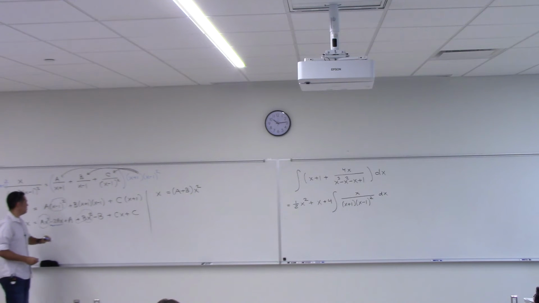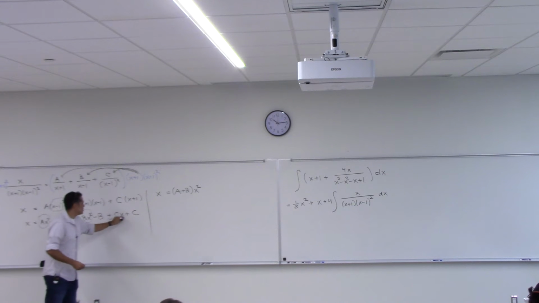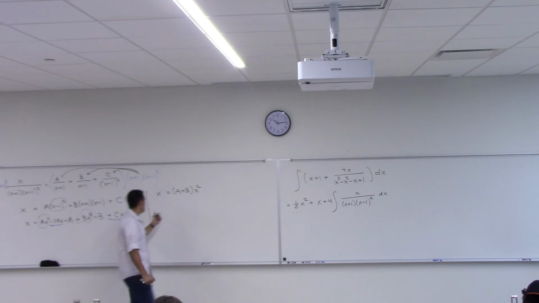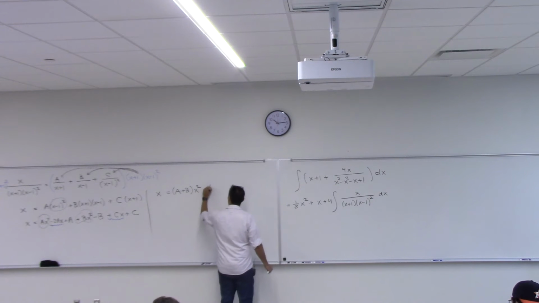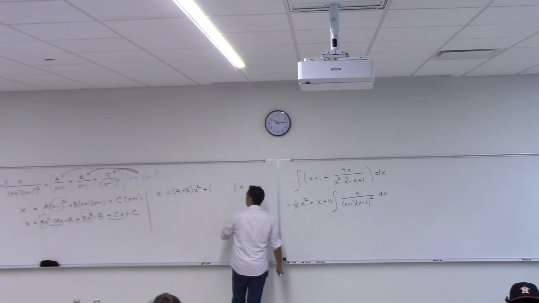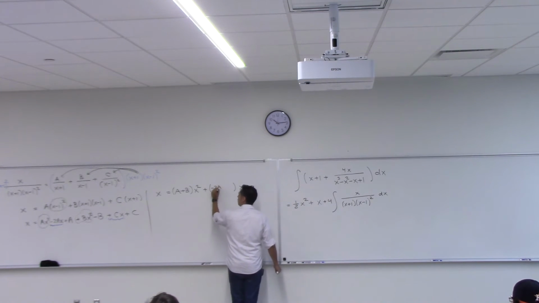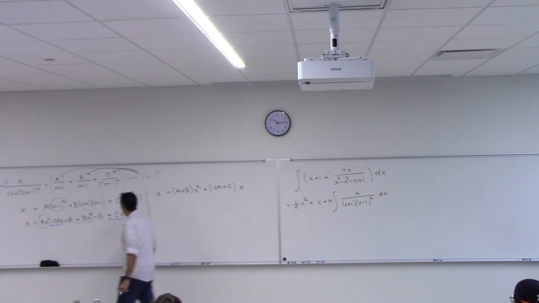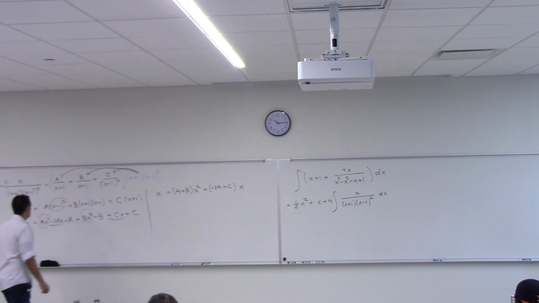There's an x term. There's an x term, right? This is negative 2Ax. This is plus Cx. So watch what I do here. This will mess students up. I'm pulling the x out of both of those. I have negative 2A and I have plus C. Minus B? Where? What? Minus B? Oh, wait, I'm sorry. No.